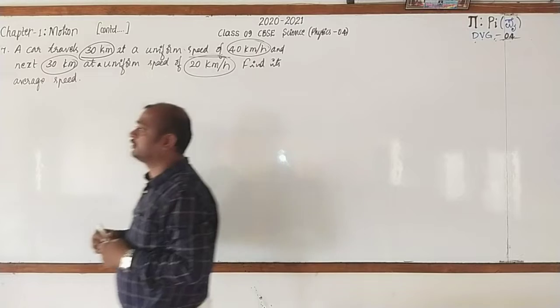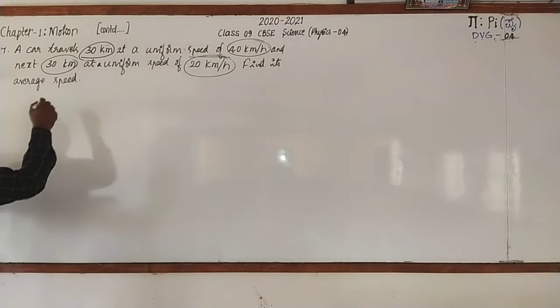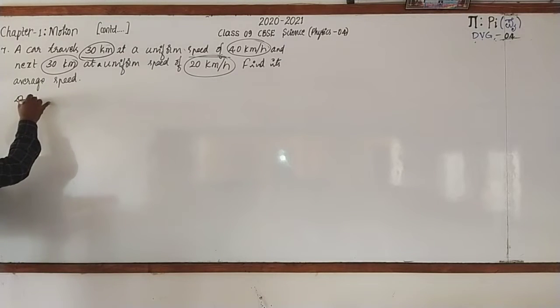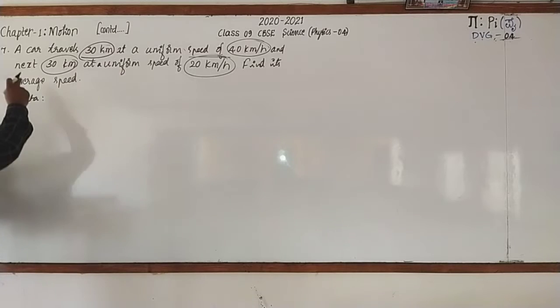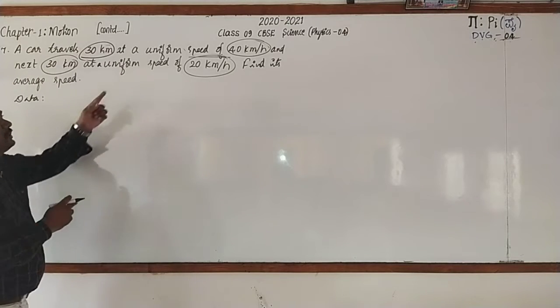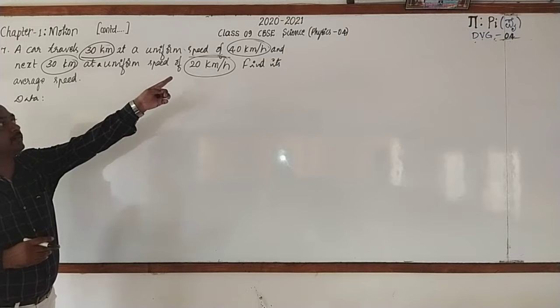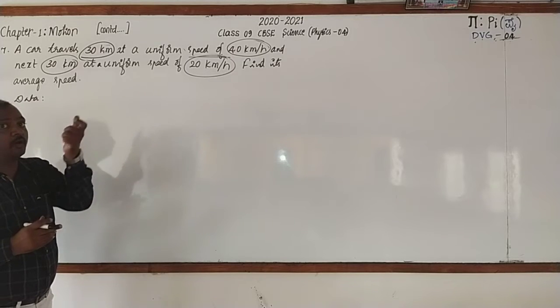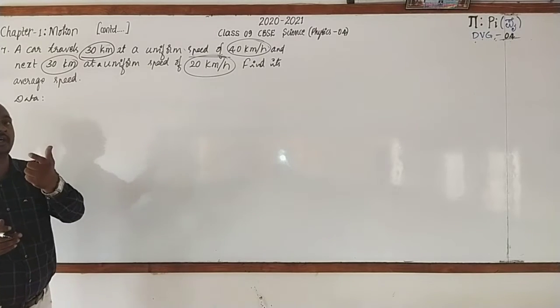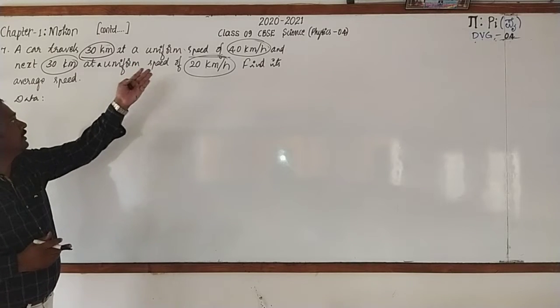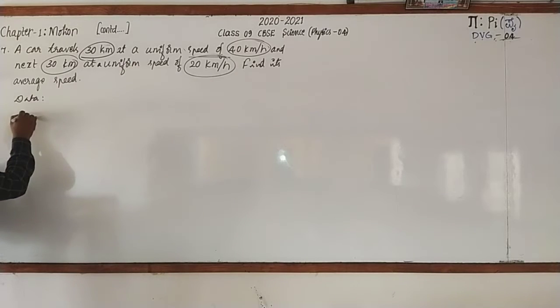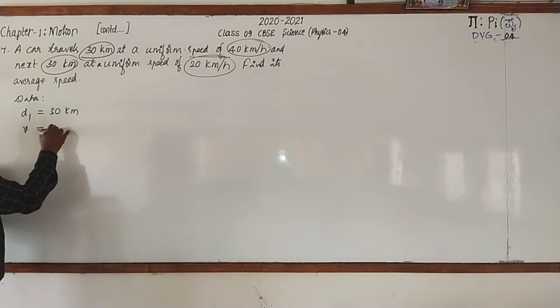Let us go for writing the given information. Here, data. A car travels 30 km at a uniform speed of 40 km per hour. Here how many cases are there? There are two cases. In the first case, the car covers a distance of 30 km, I call it D1, and it has moved with a speed of 40 km per hour.